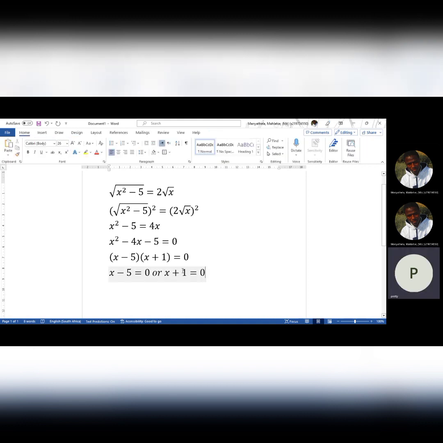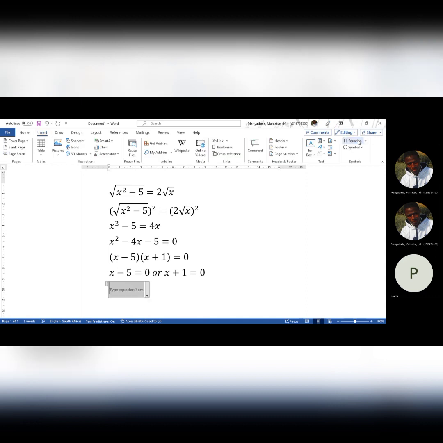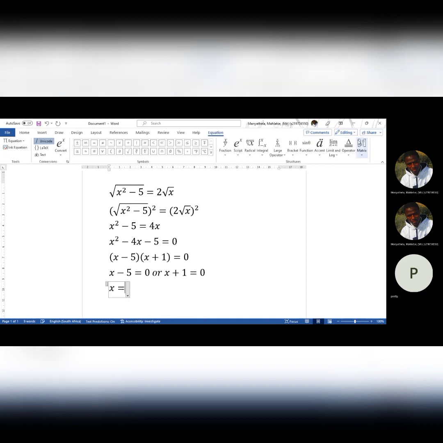Now we take 5 and negative 1 and cross them over: x equal to 5 on this side, or x equal to negative 1, since we take x plus 1 and move it across, it becomes minus 1.